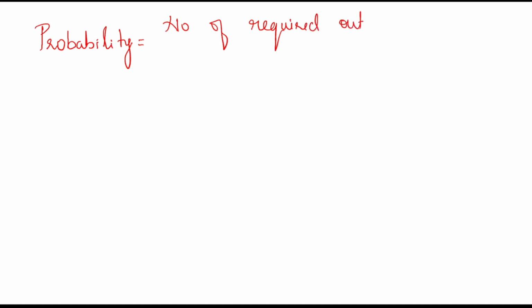So what is probability? Probability is nothing but number of required outcomes divided by number of total outcomes.